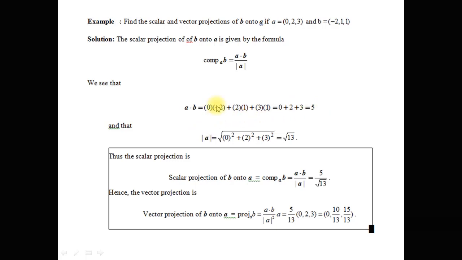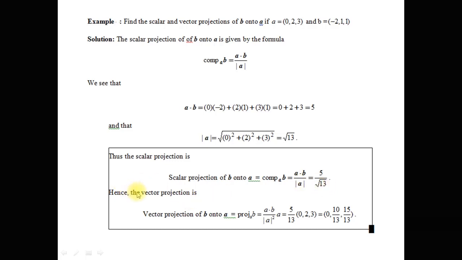Now the magnitude of vector A is the square root of the first component squared plus the second component squared plus the third component squared, which is equal to root 13. So the scalar component of B along A, A dot B divided by A magnitude, is equal to 5 divided by root 13. The value of A dot B is 5 and the magnitude of vector A is root 13.